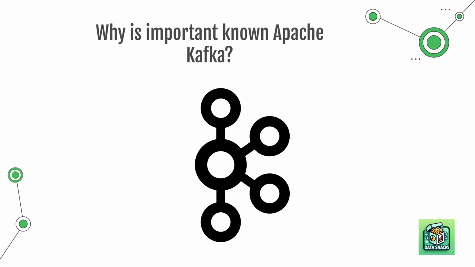Apache Kafka is crucial in the data engineering ecosystem for several reasons. It's a distributed streaming platform that can publish, subscribe to, store and process a stream of records in real time. Kafka is designed for fault tolerance, high throughput, scalability and distributed data streaming, making it an excellent choice for real-time data ingestion projects like ours.